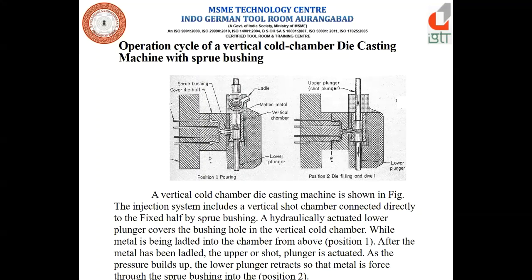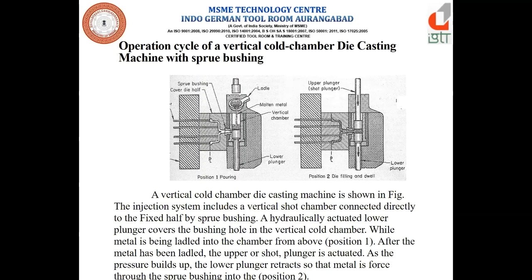So in this diagram, the vertical cold chamber die casting machine is shown. The material we require is poured in the opening. At the start of the cycle, the lower plunger closes the opening of the die so that the material may not enter.